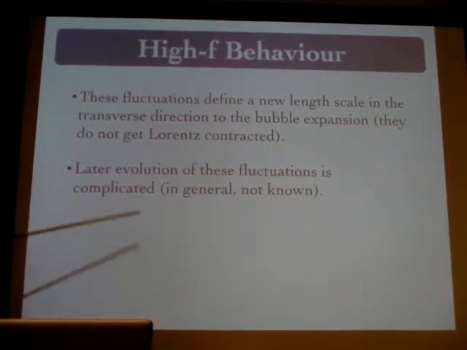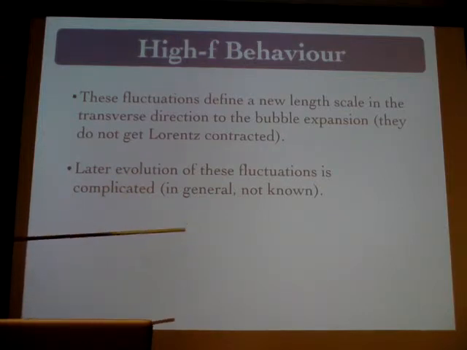They found that some of these fluctuations can grow for a while, and then they freeze. But they found that they could grow all the way up to being like 40% of the size of the bubble. So actually becoming rather large.